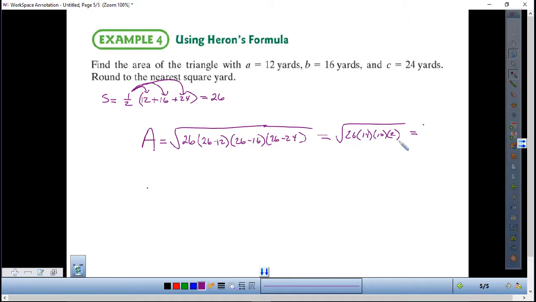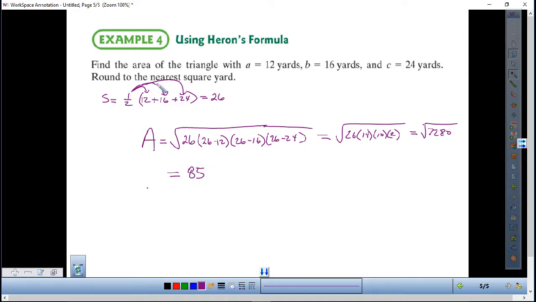So when we multiply all that out, we get 26 times 14 times 10 times 2 gives you 7,280. So that means the area is the square root of that, which is going to give you 85.3.